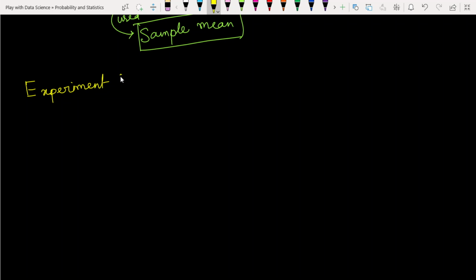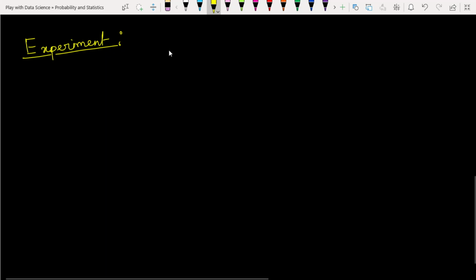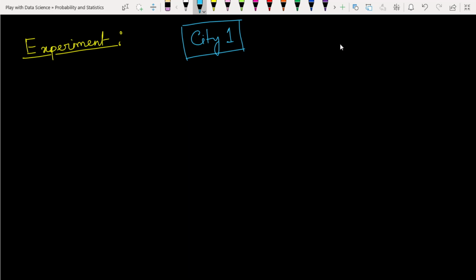What will our experiment be in this case? Let's say we have two cities, city 1 and the corresponding city 2.